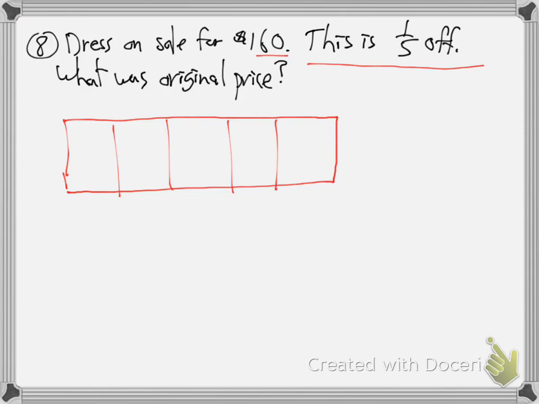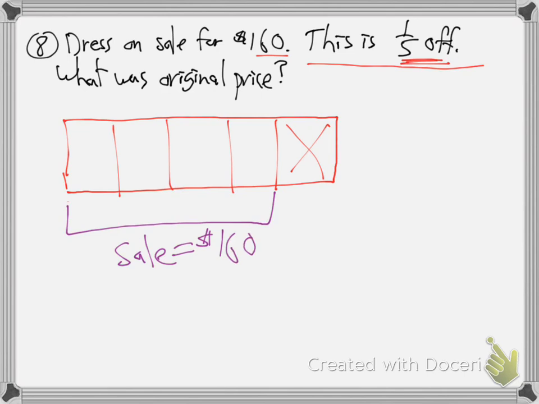And 1/5 off. So that means they took this part off, 1/5. And this right here, let me change my color, this is the sale price right here. So the sale price, which is $160 right there.